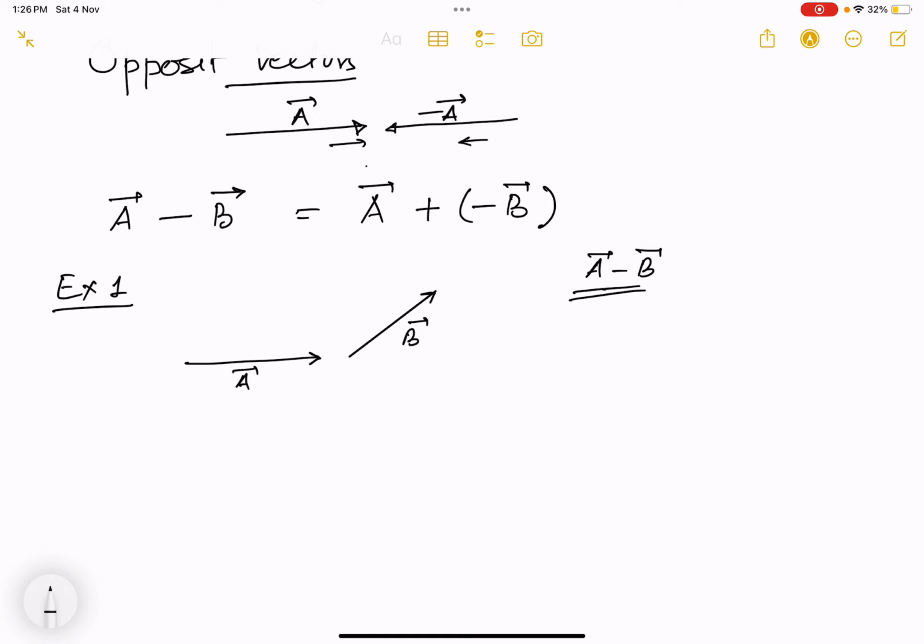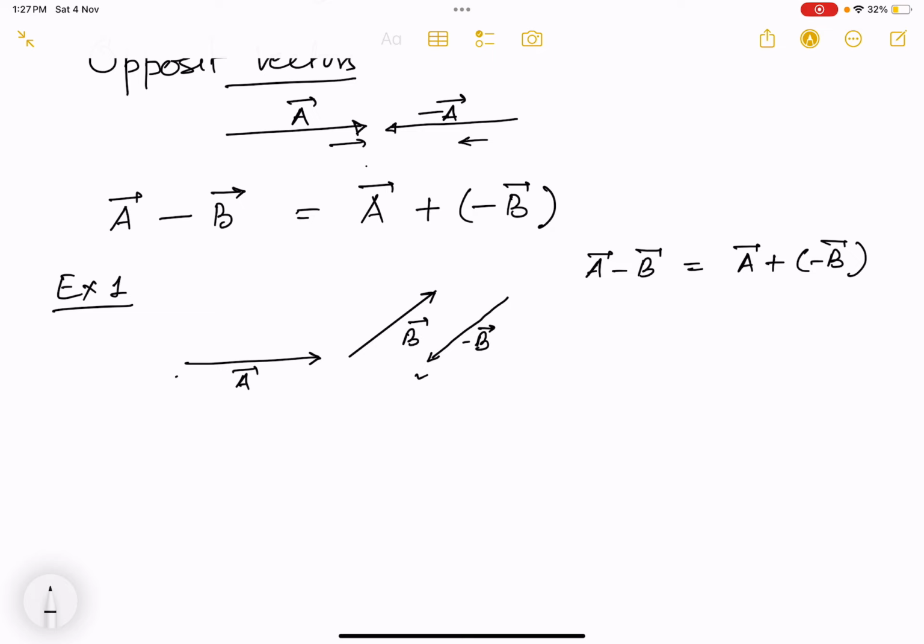A minus B is equal to A plus minus B. So I need to find minus B first. How do I get minus B? Opposite. I flip B. This is going to be my minus B. So I add this vector to A.